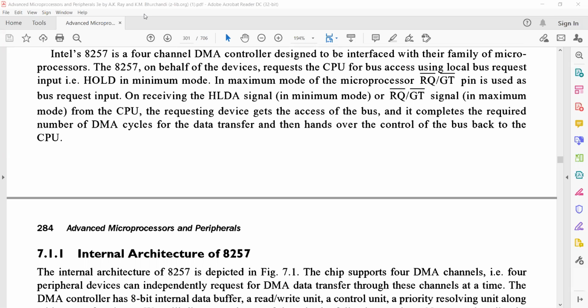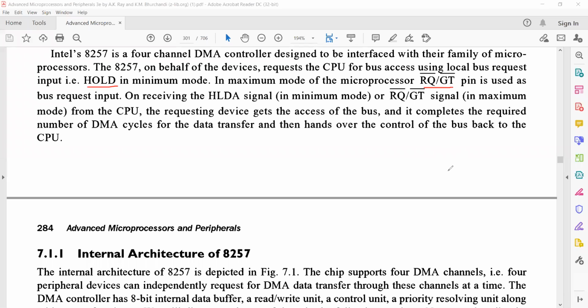If you remember the pin diagram of 8086, it has different pins in the minimum mode and in the maximum mode.